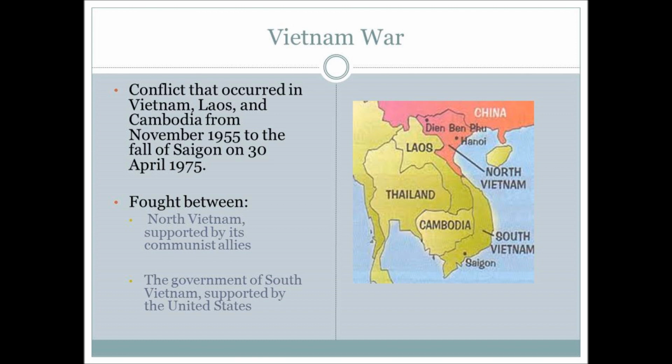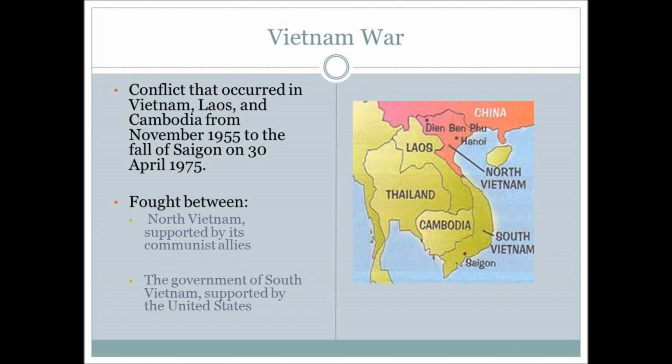Now, if we look at this map on the right here, you have South Vietnam, and really Cambodia, Thailand, and Laos, all trying to be democratic, and the United States was pushing them to be democratic, while you have North Vietnam, which is close to China, which we know at this point is communist, and North Vietnam is also communist at this point.